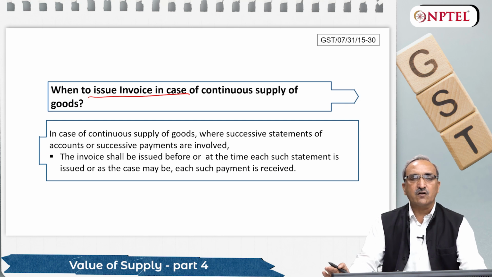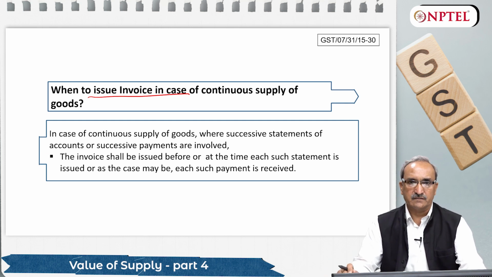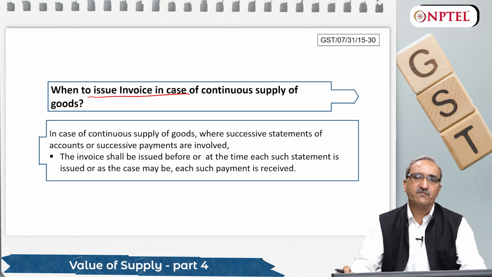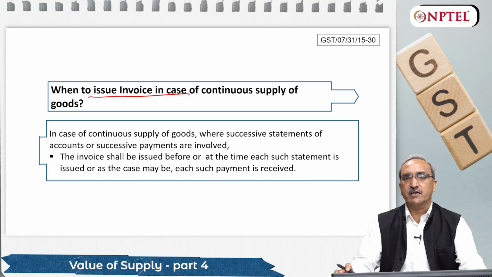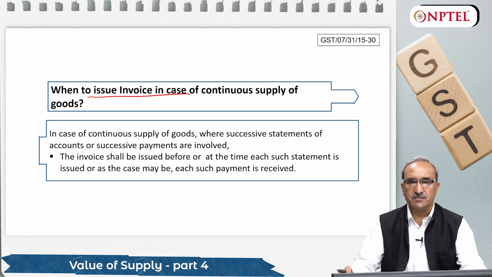You have placed an order for supplying goods for a year at different periods of time or locations, or you are supplying regularly, like telephone services, electricity services, water supply services, CNG services. In construction activities, a project may be such a big project that it may go up to 5 years.